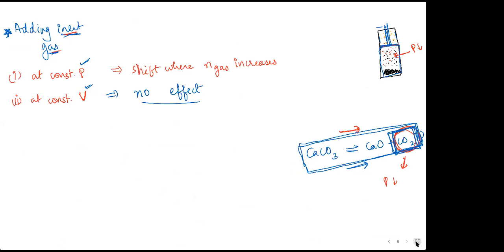So the first part of the chapter is all done with this. After this, we have a whole lot of stuff about ionic equilibrium. We have a little more than 15 minutes left. Do you want to do more problems and questions based on application of the equilibrium constant itself?